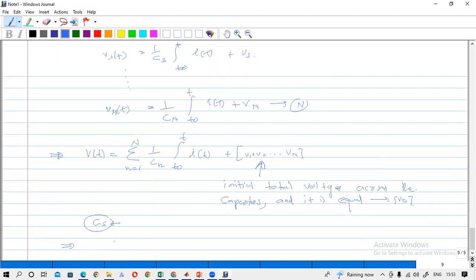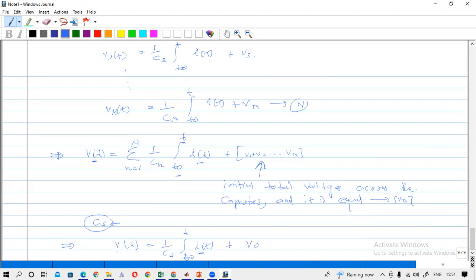If I write the voltage-current combination, Vt is equal to 1 by Cs, integral from t naught to t of i(t) dt, plus V naught. This i is equal to this i, and this t naught and this t are the same.